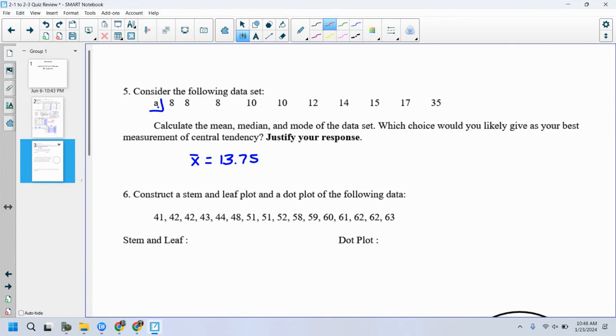So let's find the median. Nice. These are all in order already. Perfect. What's the median? 11. Yep, right in the middle of the 2 there. Median is equal to 11. And the mode looks like 8.